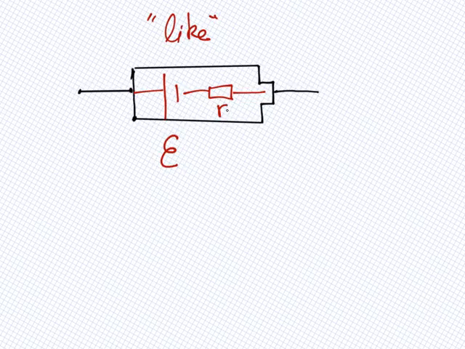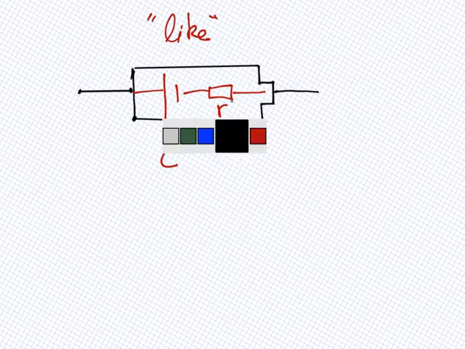Do you get what I'm saying? This is not the real picture of an AA battery. It's like the way we imagine it operates. Don't get a battery and cut it to see what's inside. You'll be disappointed. It's not like this. What we would like to know is what is this?